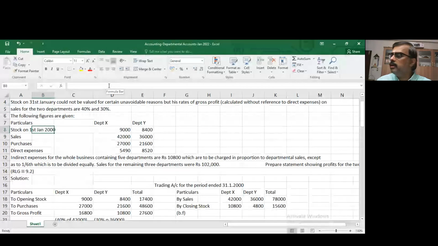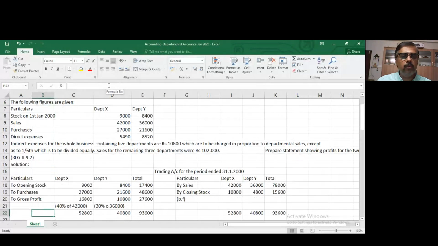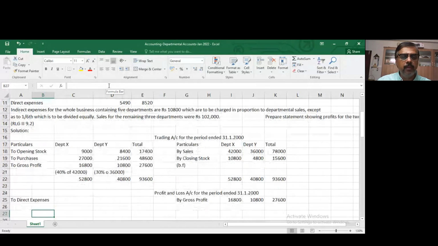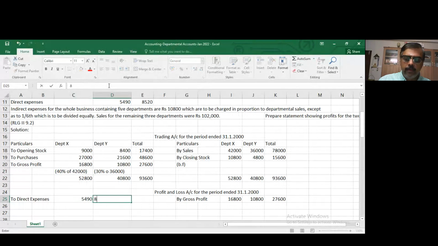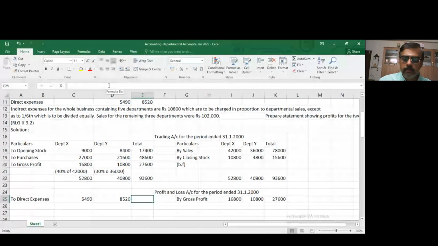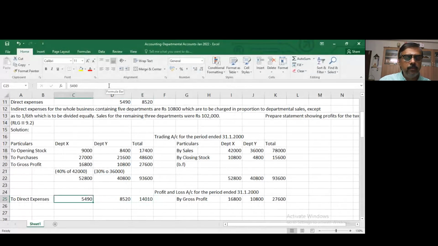So direct expenses can be put in the P&L account: 5,490 and 8,520. What is the total? 14,010, correct? So to direct expenses, 5,490 and 8,520, adding up to 14,010.